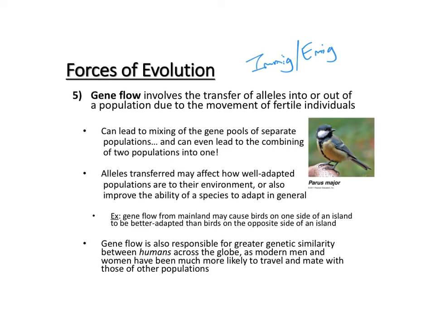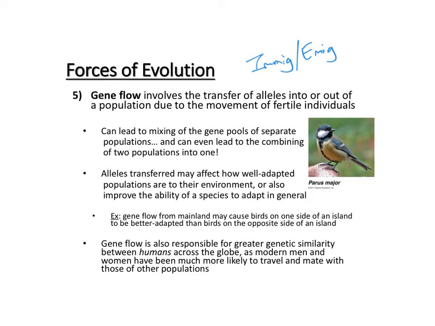So we think of, okay, so this new organism comes in, maybe it brings some different genes, but that's usually not the way it works, right? Usually the new individual comes in, it mates with individuals who are already part of that population, that gene pool. And now the subsequent generations are more similar to each other in the grand scheme when we look at the population as a whole.